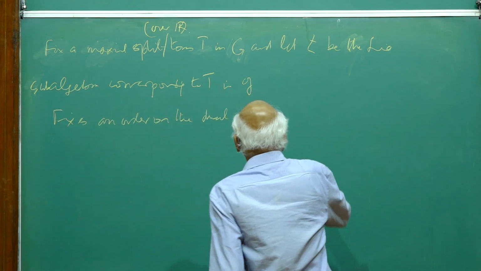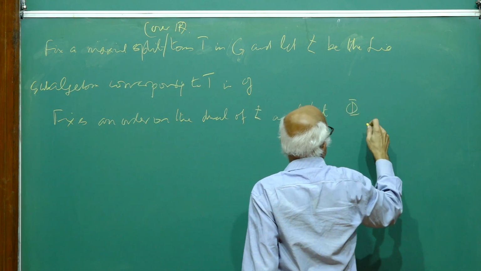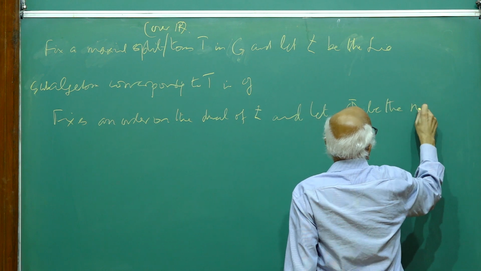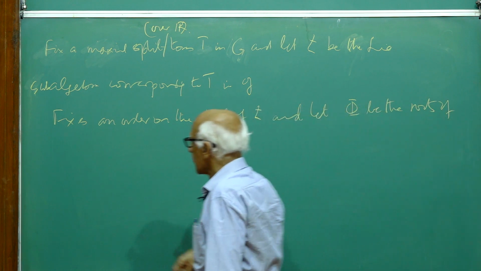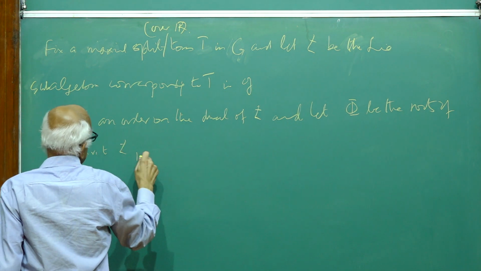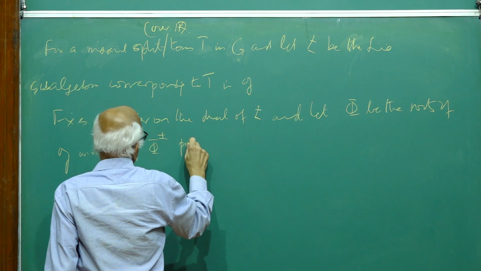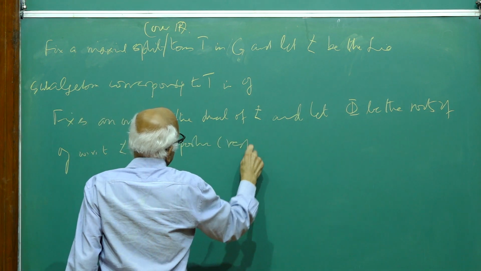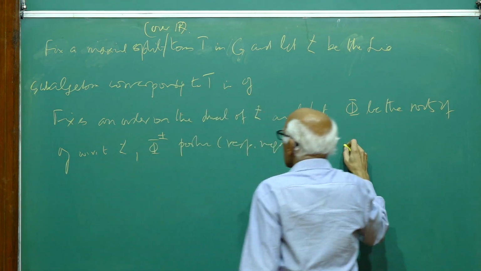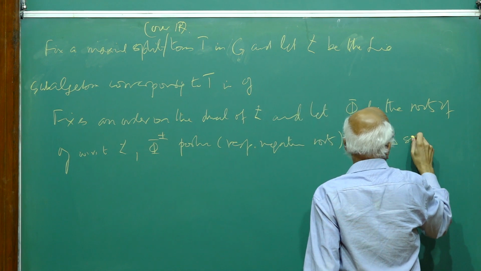Let Φ be the roots of G with respect to T, Φ⁺ and Φ⁻ the positive and negative roots respectively, and Δ the system of simple roots.